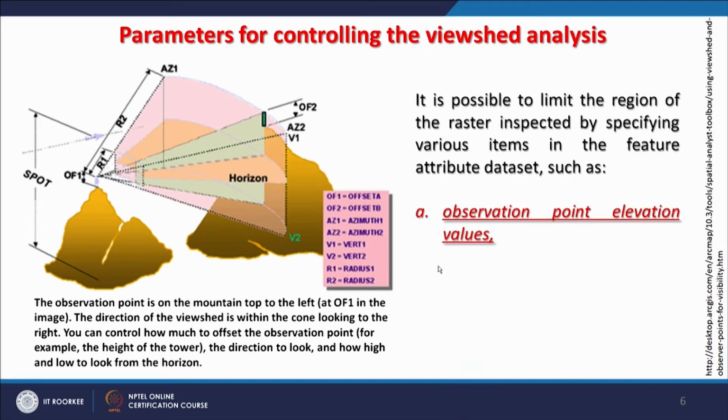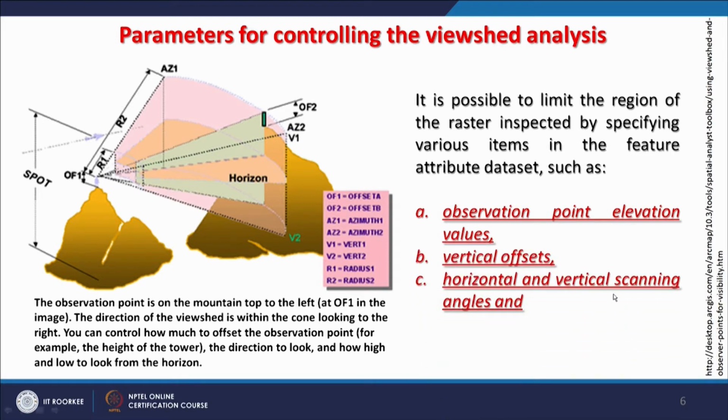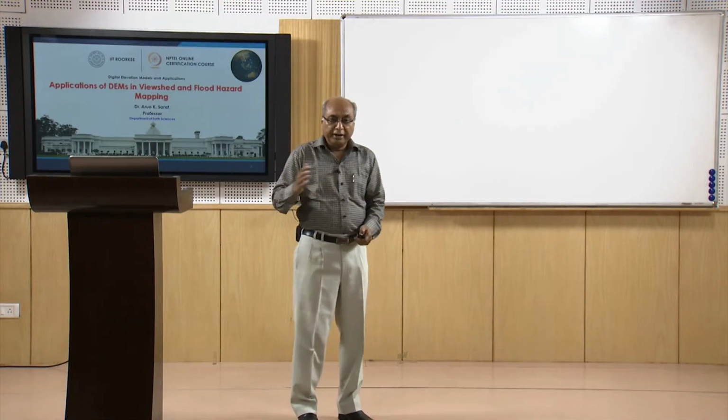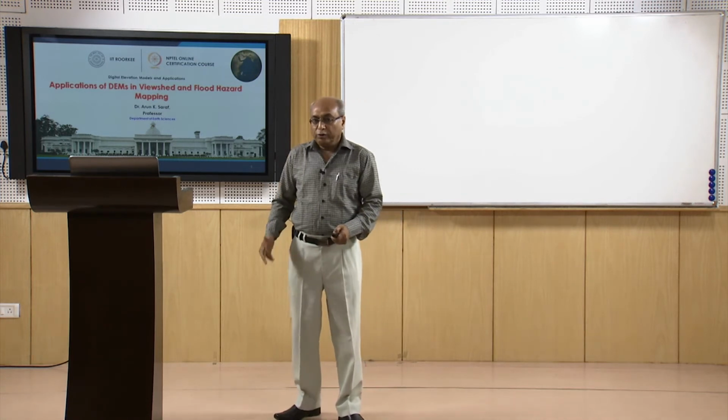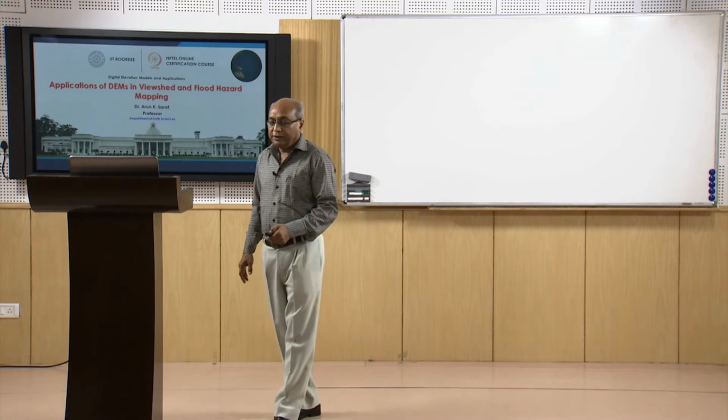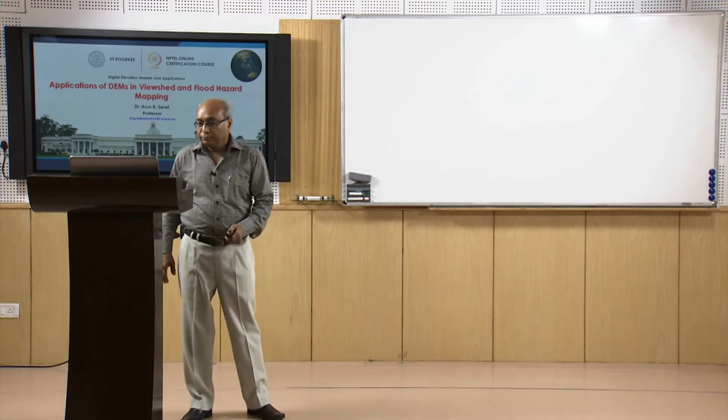For example, observation point elevation values, vertical offsets, horizontal and vertical scanning angles, and scanning distances, that is, how far the analysis is required. Maybe to the end of the boundary of the digital elevation model, or if you are analyzing a very large digital elevation model, then you can restrict the scanning distance to only that much which is required.